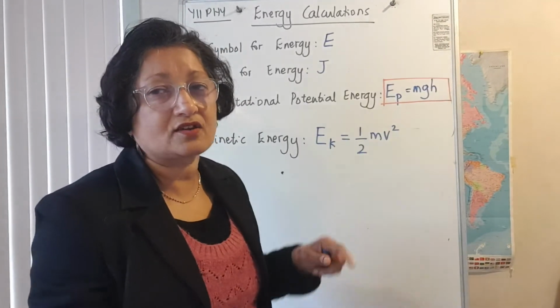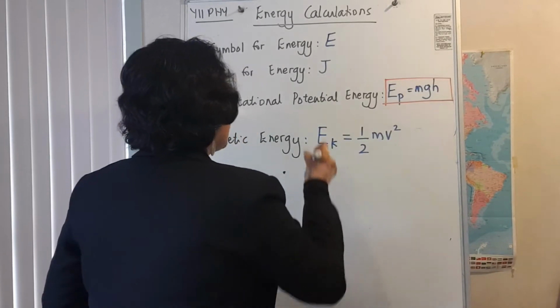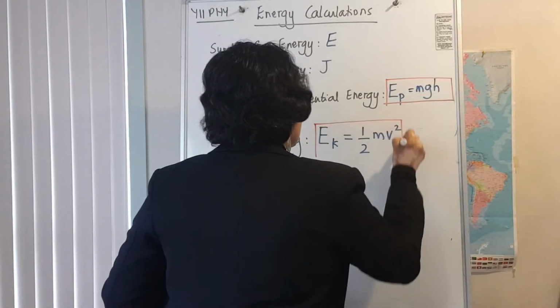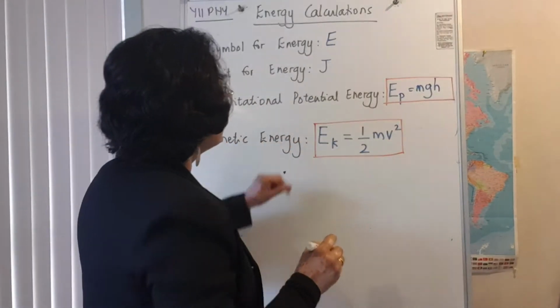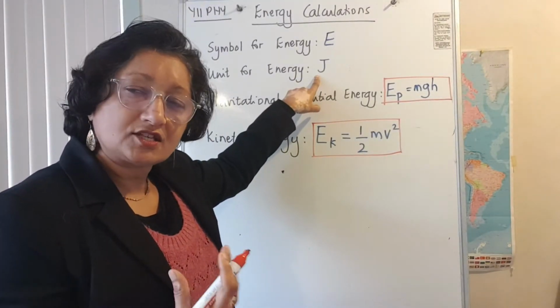Okay, so that's the meaning of v squared. And no matter what form of energy it is, whether it's kinetic or gravitational potential, the unit is always the same. The unit is always in joules.